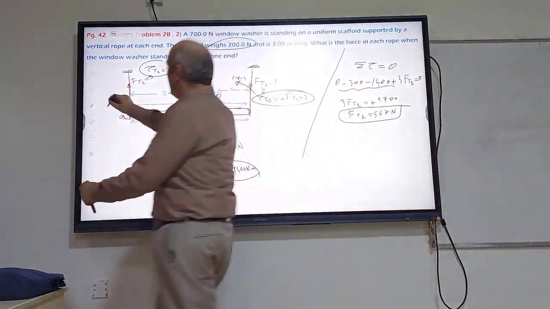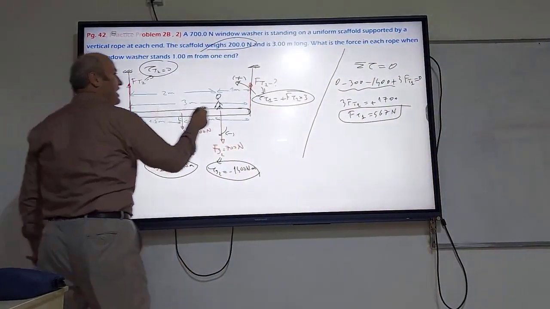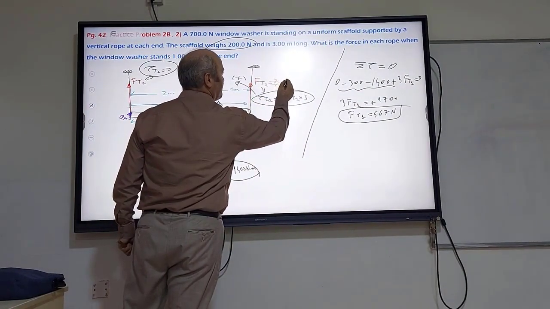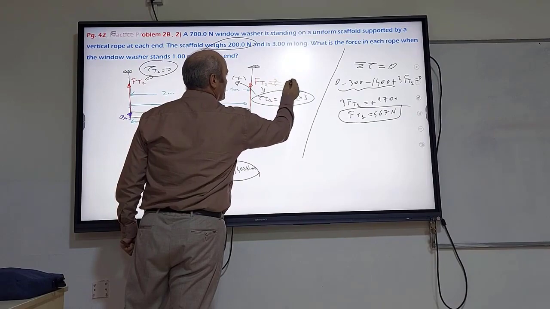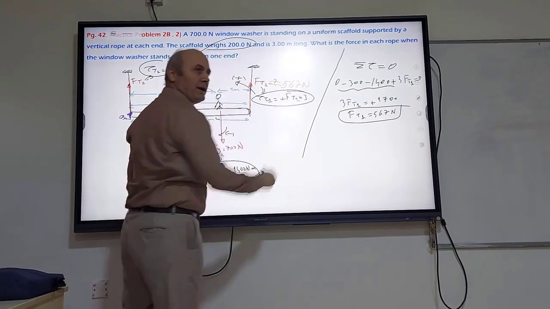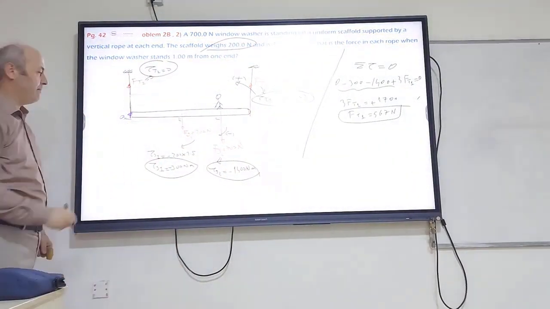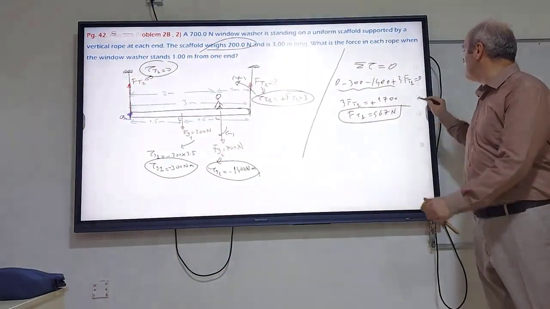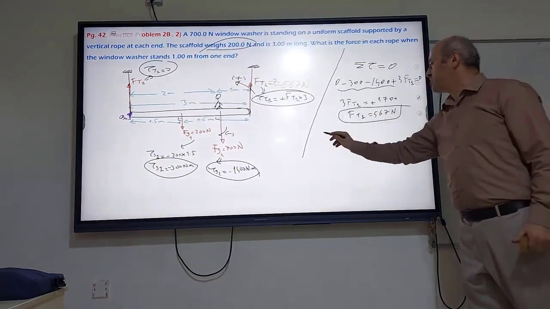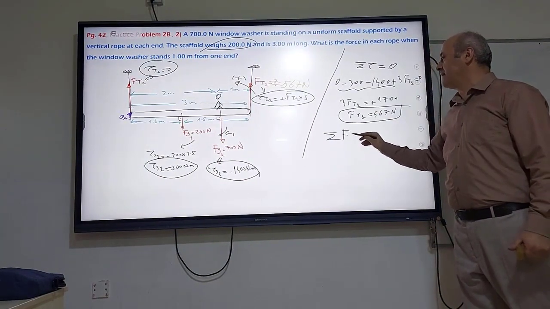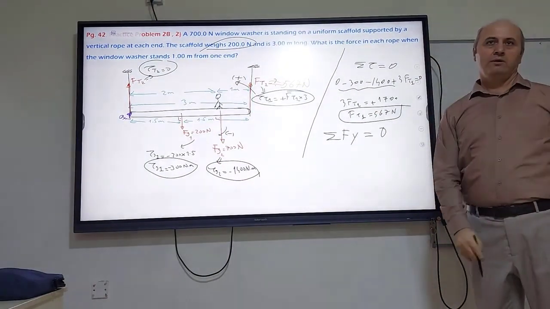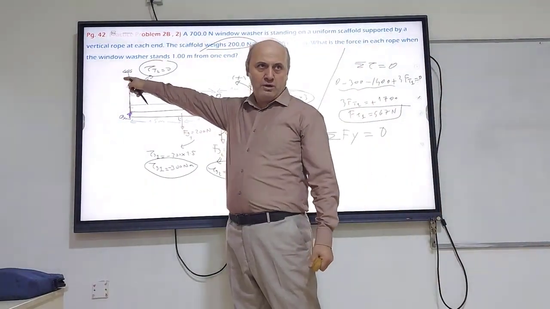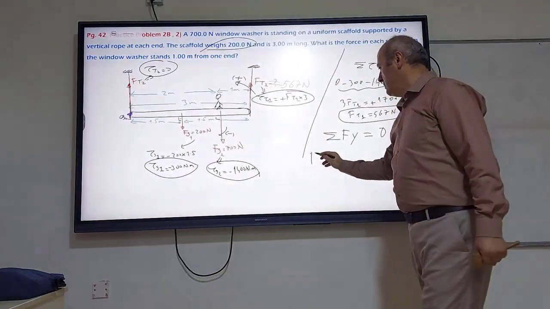After finding Ft1, Ft2 is easy. If one unknown force is left, we can find the other one by applying translational equilibrium. All the forces are acting along the y-axis, so the sum of the forces acting along the y-axis must be equal to 0. Start from Ft2, unknown, I will write it.